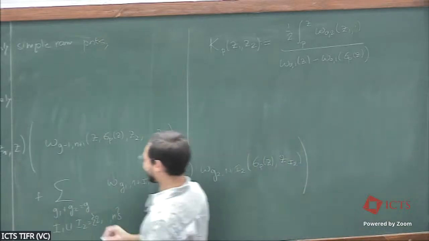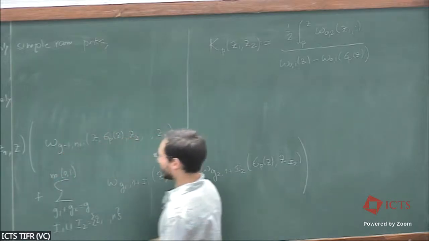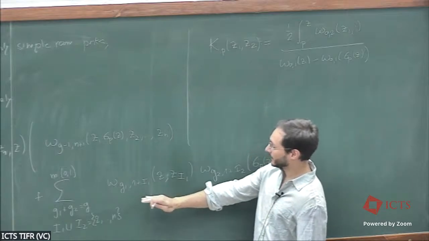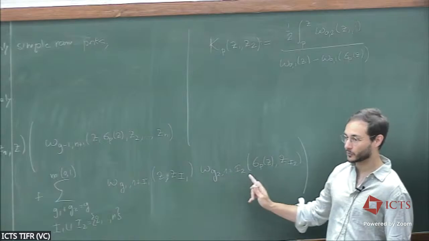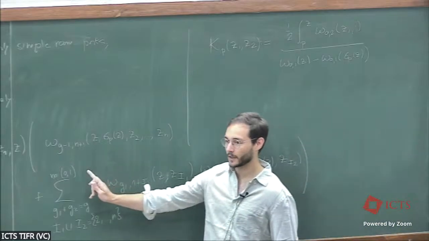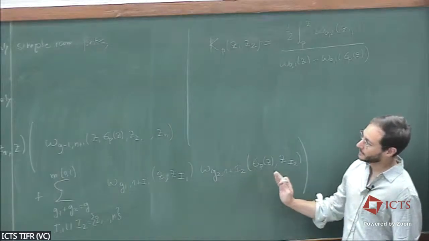Thank you very much. Yes. And here I have no 0,1s. So what I mean by this is that in this sum, I allow some of these omega g,n to be of type 0,2, but I don't allow them to be of type 0,1. And because I exclude 0,1, this is actually a recursion.